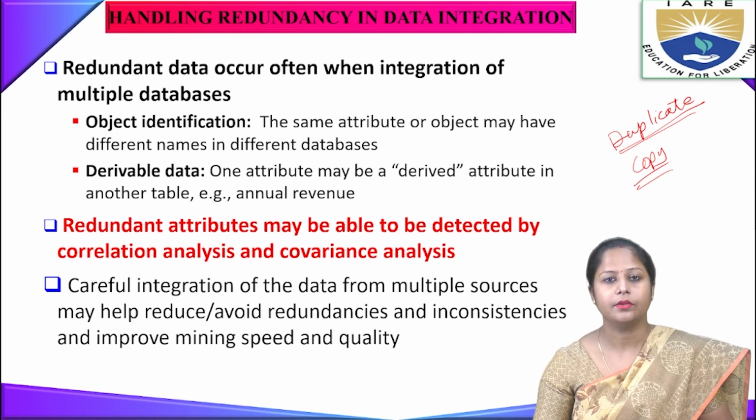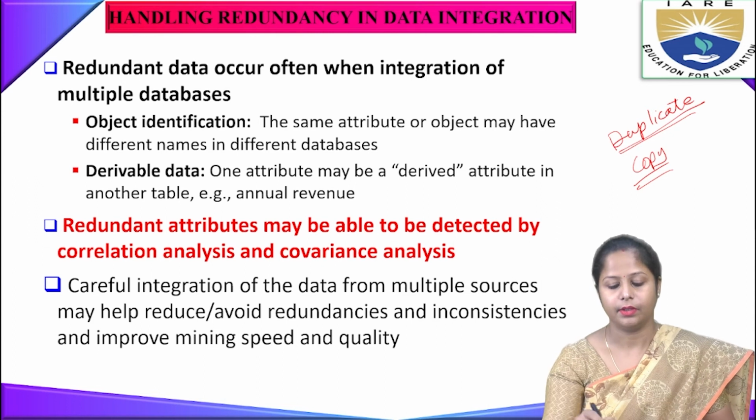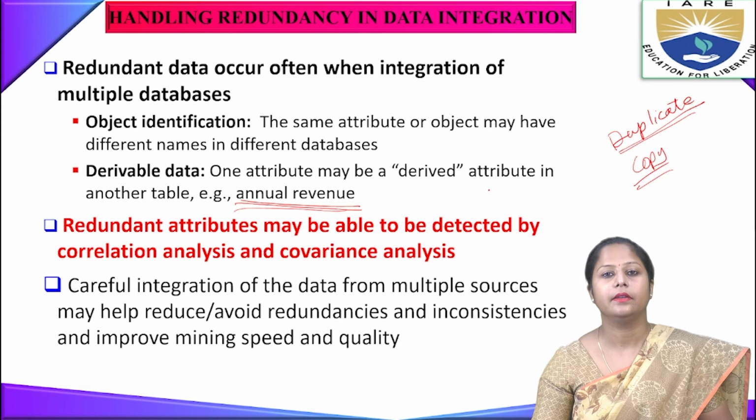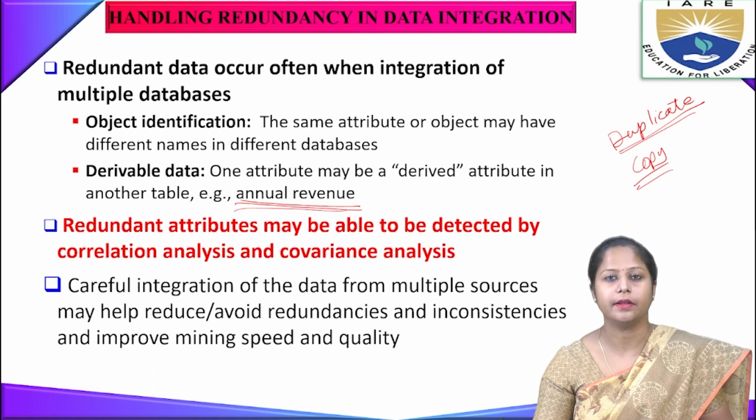Object identification: the same attribute or object may have different names in different databases. Derivable data: one attribute may be derived from an attribute in another table, for example annual revenue. If we have the same attribute from another table, that also comes under redundant data.